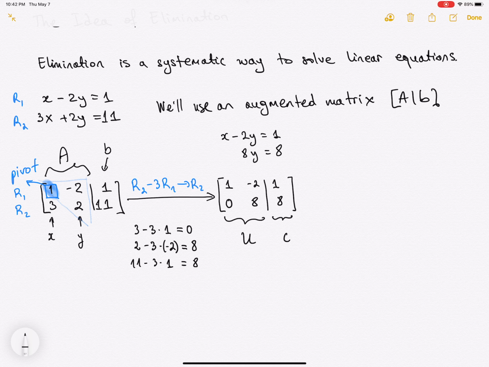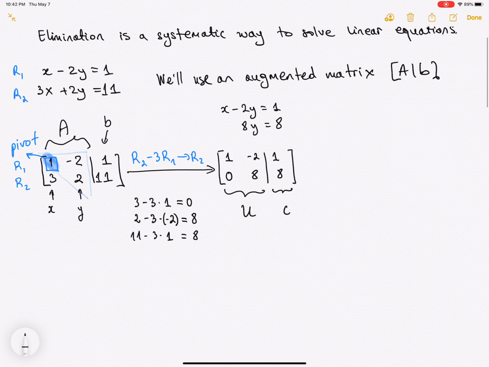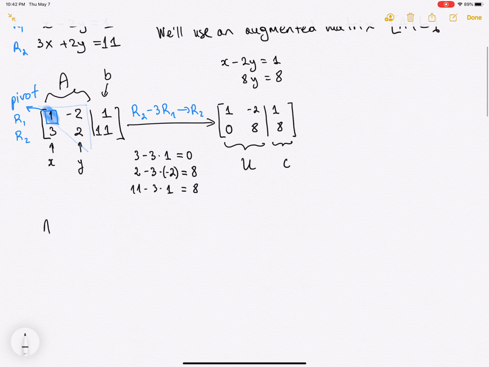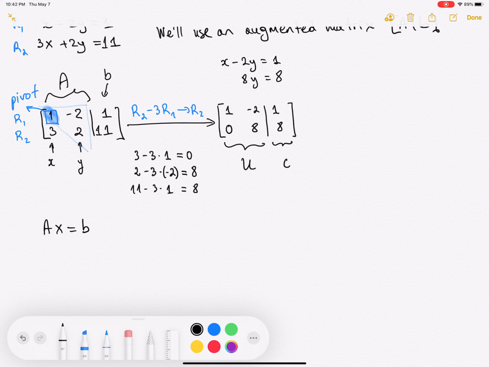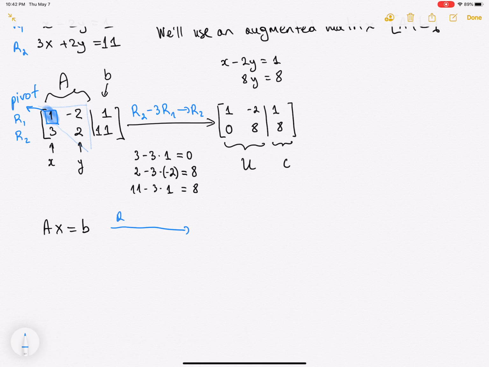So we started with a system AX equals B. We applied this operation here, R2 minus 3R1 into R2.